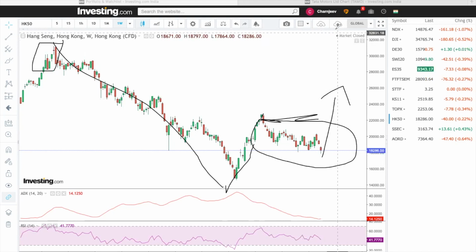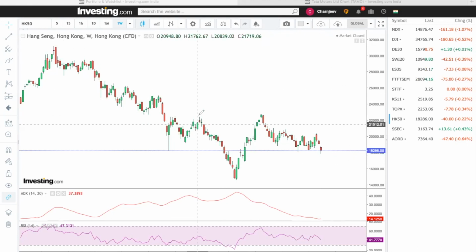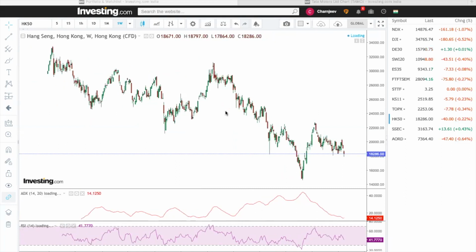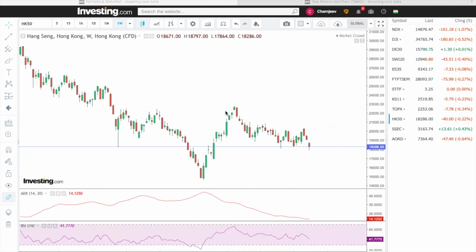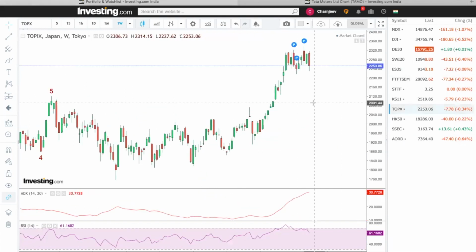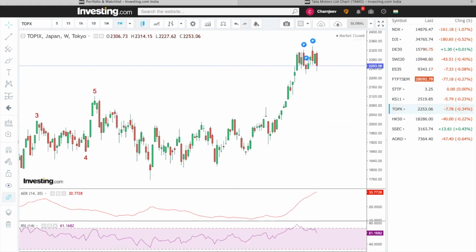So we can say that at the global level there are many large worries which are now occupying the global chaos. So let's see the Japanese index. This index is an exception. There is no doubt that after making some correction like 2205 or 2053, we can see levels around 2340 in that index.